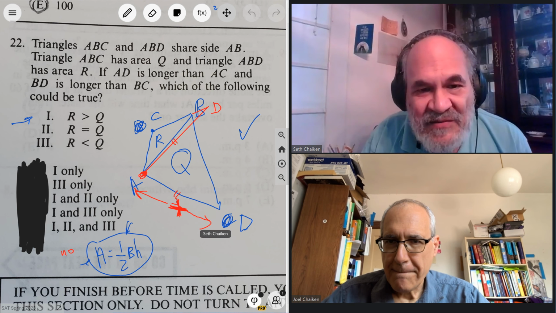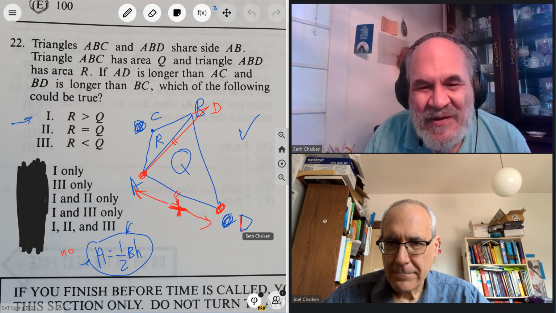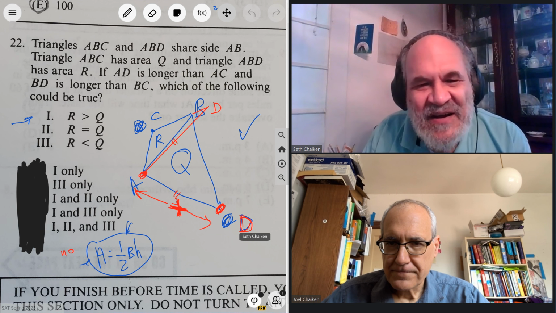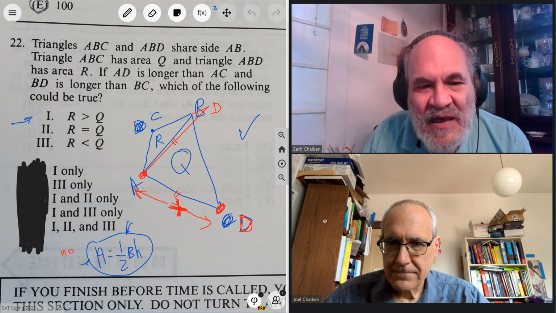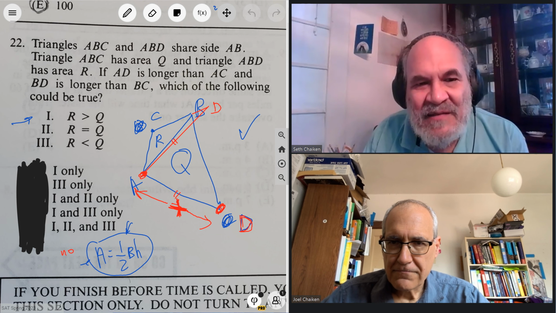And let's imagine many possible triangles that share line AB and whose length AD equals X. So the constant is that AD equals X.